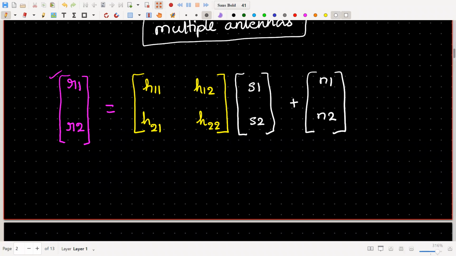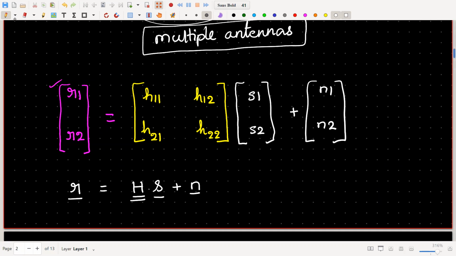So in simple words, this is nothing but R is equal to the channel matrix H multiplied by the symbol vector S, plus the noise vector N. Now the order is simple.